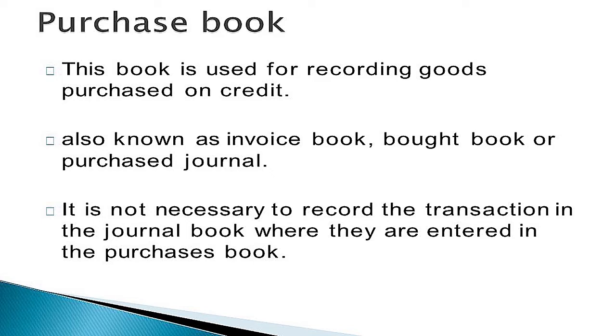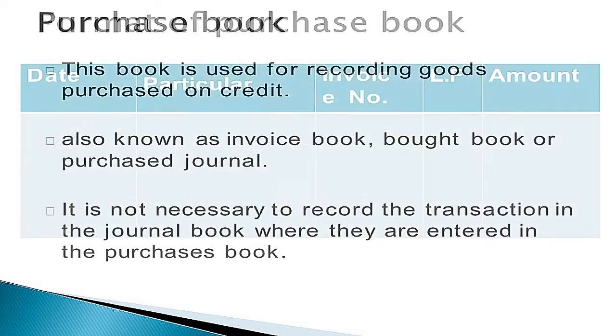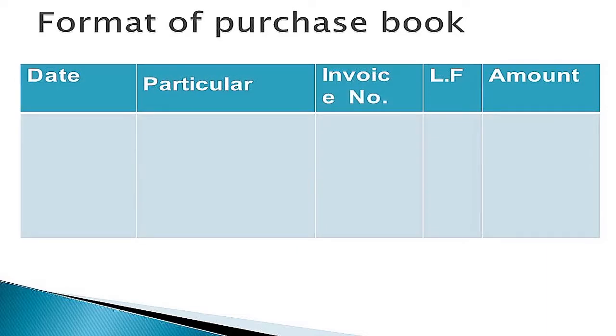You need not worry about passing a journal entry, purchase account debit to Krishna account, and later posting from the purchase account to Krishna. That is not right. Directly in the purchase book, simply write Krishna, how much quantity he purchased, what the price is, and whether there is any discount. The format is date, particulars, invoice, LF number.